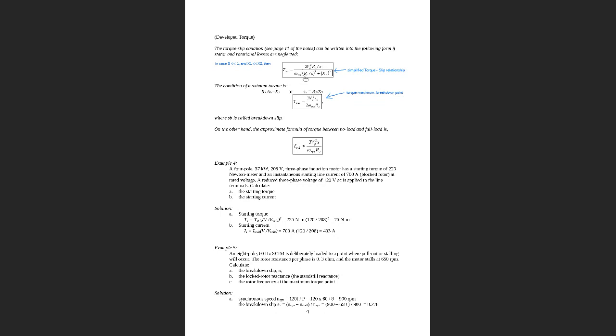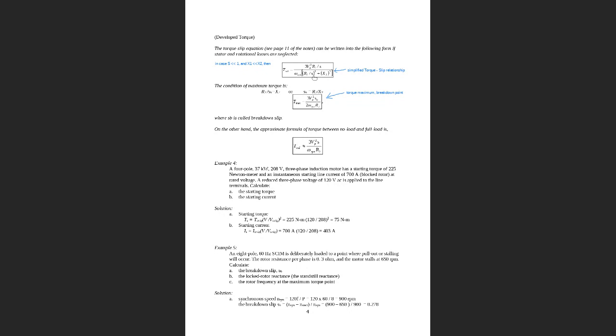However, the denominator has the square while the numerator has R2 over S, so the cancellation makes the denominator very, very big. So the torque will be very small. And similarly, if the slip is too big, the torque is small again.